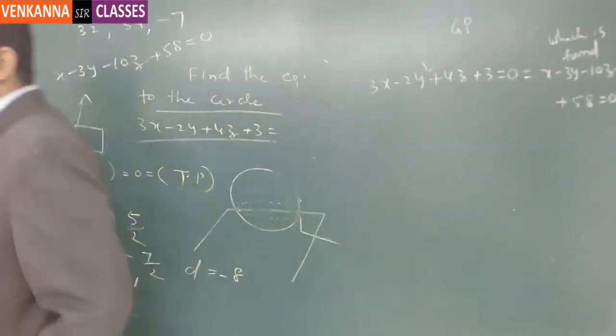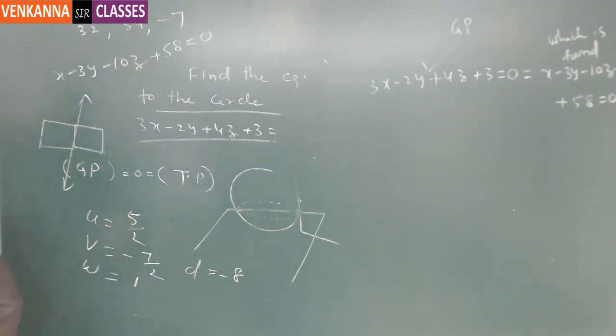Now we have written the line equation in unsymmetrical form. If you want to write it in symmetrical form, all we need to do is know a point on the line and know the line DRs.